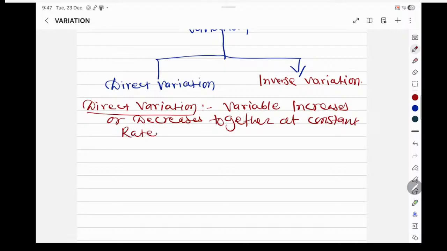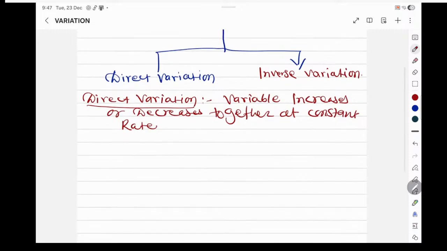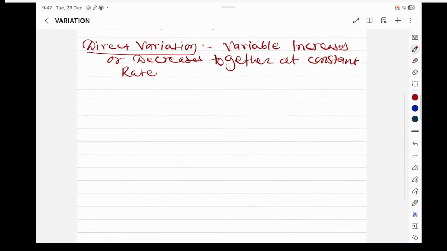Constant rate means that y is directly proportional to x.